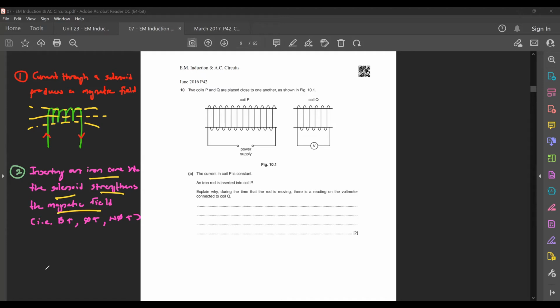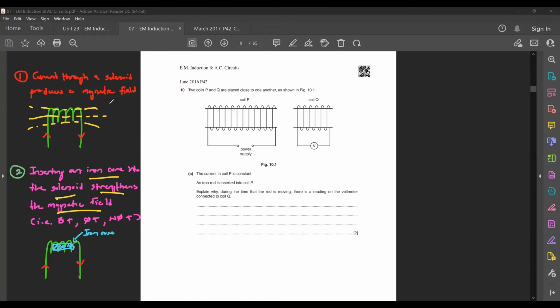Now, if I have that same solenoid there, like this, and I tell you that my current goes up and then down. Now, if I were to put an iron core inside, say right now my iron core is this blue colored thing here. The moment I insert my iron core, my magnetic flux will become stronger.